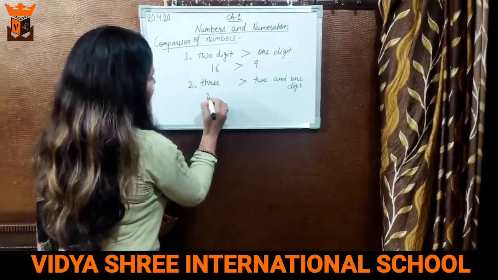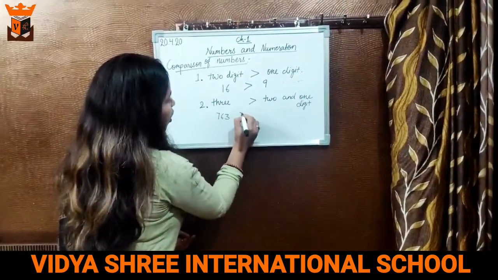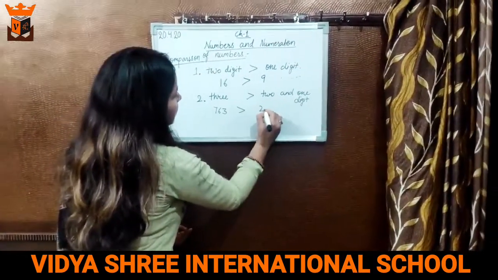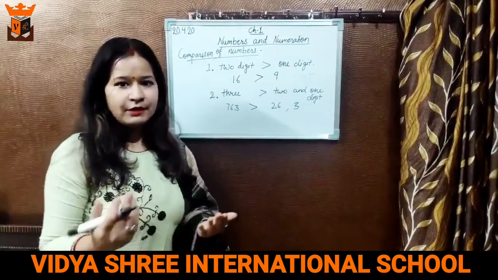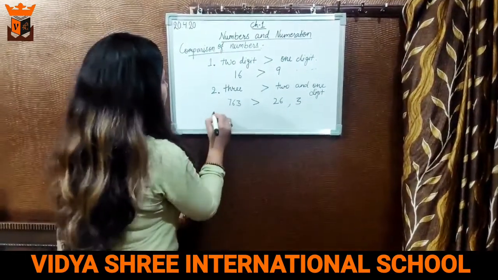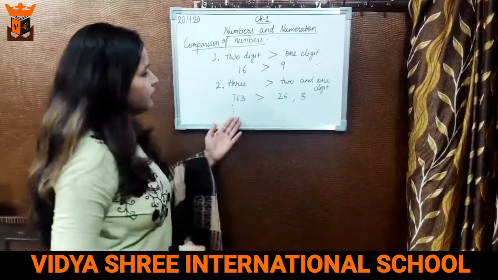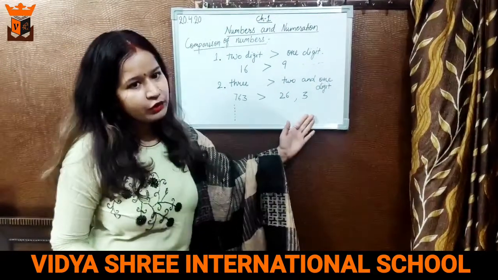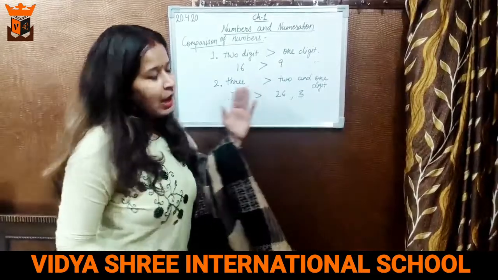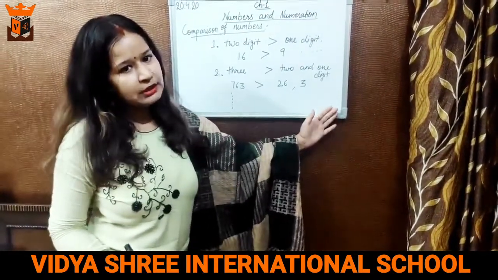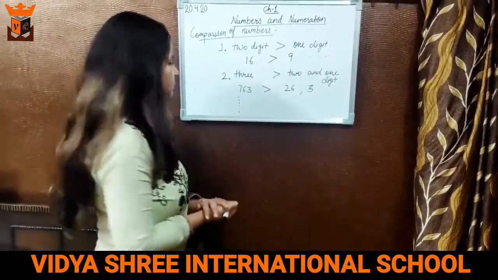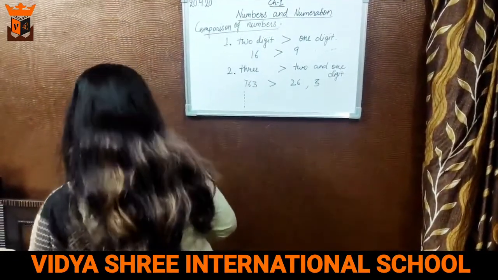Like 763 is always bigger than a 2-digit number or 1-digit number. It is very much sure. Similarly, we can say a 4-digit number is always bigger than 3, 2 and 1-digit numbers. And a 5-digit number is always bigger than 4, 3, 2 and 1-digit numbers, and so on. It goes like this only.